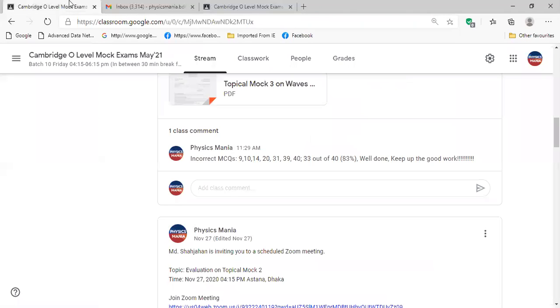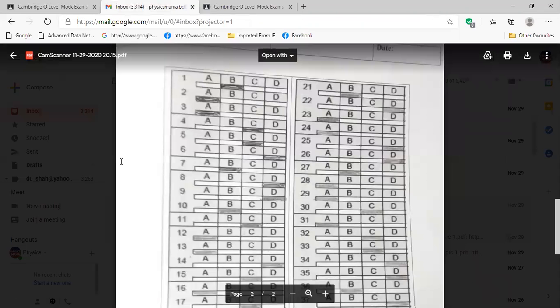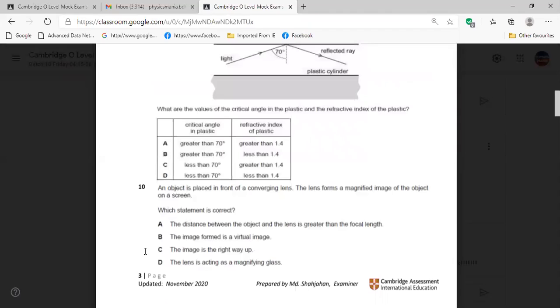Which one? After 9, 10. So 10. You gave Bangladesh. Nice question. Here also you get confused after seeing "magnified."